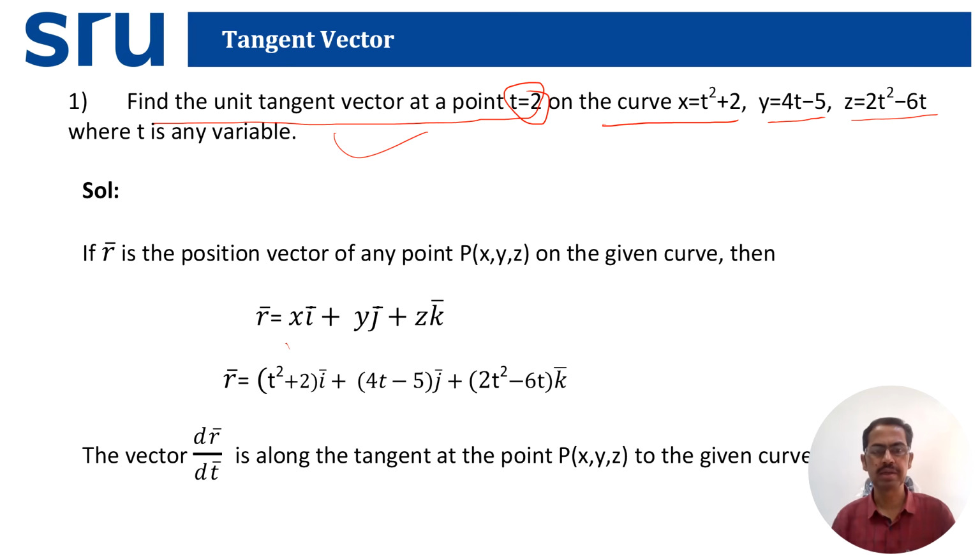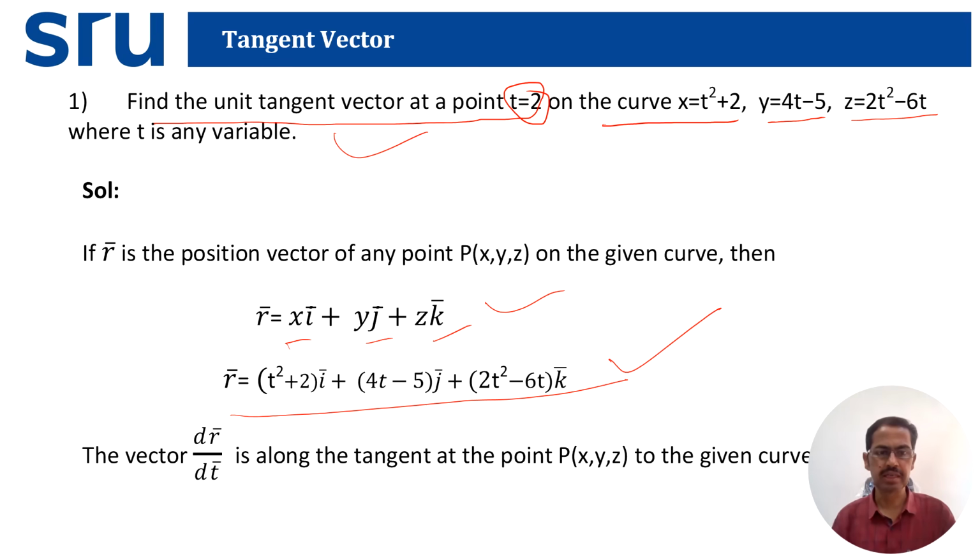So r bar is equal to x i bar plus y j bar plus z k bar. What is x here? x is equal to t square plus 2. What is y? 4t minus 5. What is z? 2t square minus 6t. So this is the position vector.